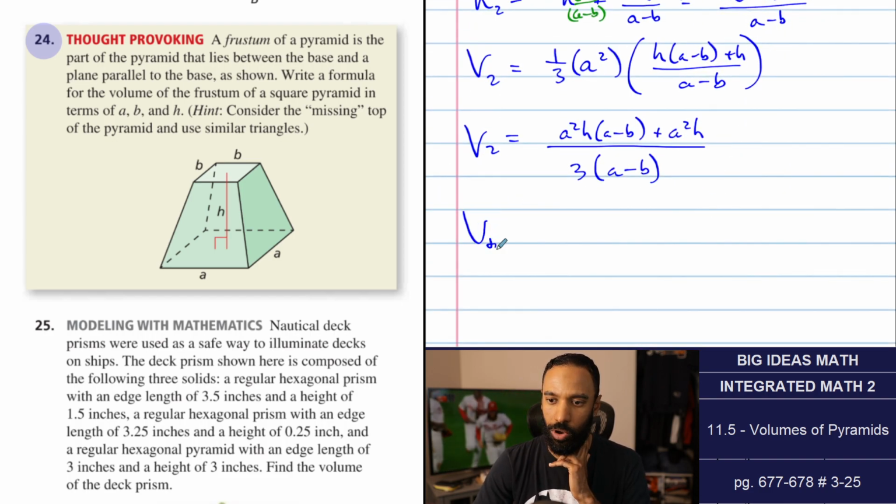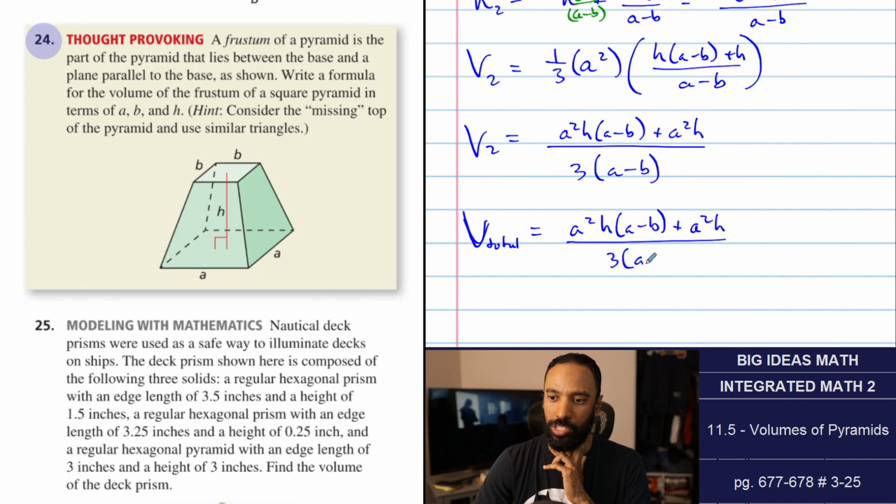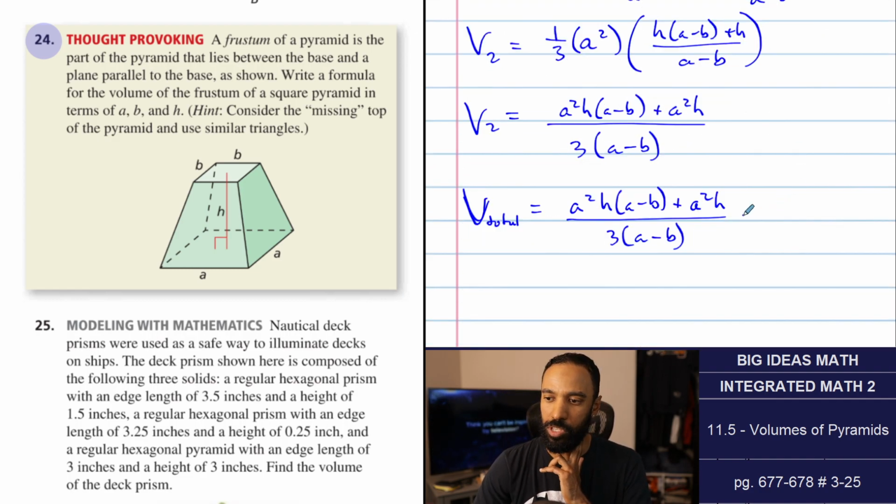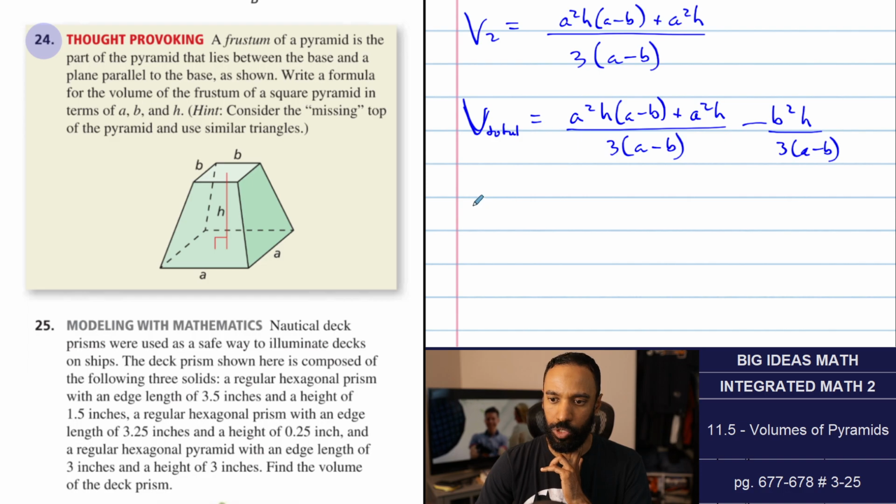So the volume of the total, and there must be something I can work out that can clean things up. Now, it has a common denominator, I believe. So straight up, yeah, it does. Minus b squared h over 3 times a minus b. I'm going to go to black again.